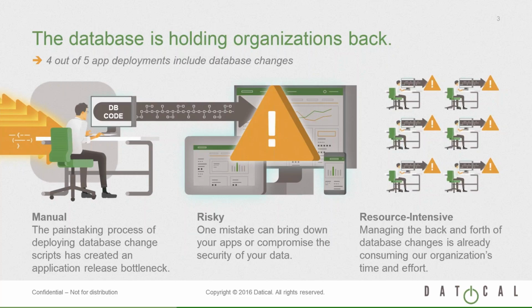So because it's a manual process for one update, and it's a really risky process that must be observed, it's very resource intensive, especially as all of the advances in the application development area I was referencing earlier have accelerated the velocity of release. So now what you have is this resource intensive process. You've got a back and forth between DBAs and developers.